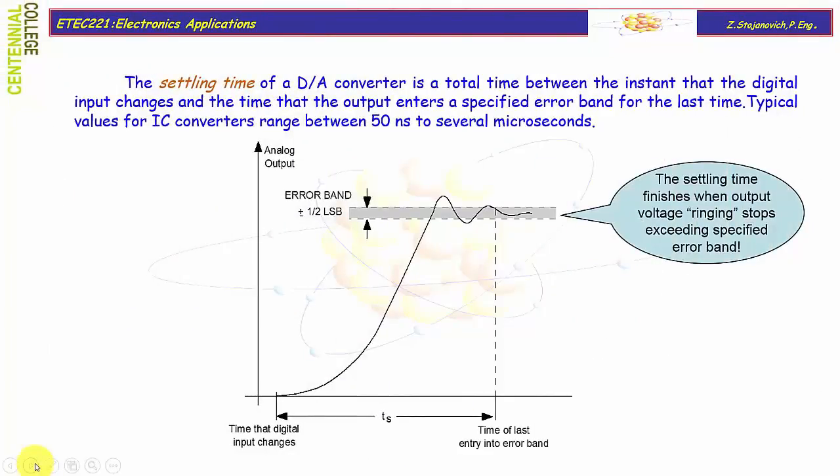The settling time of a digital to analog converter is the total time between the instant that the digital input changes and the time that the output enters a specified error band for the last time. Typical values for integrated circuit converters range between 50 nanoseconds and several microseconds.